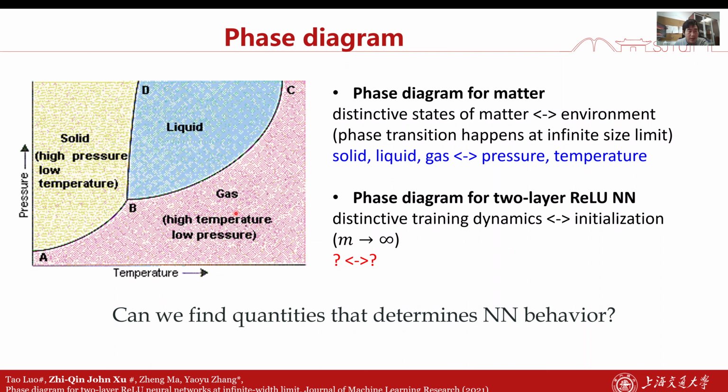And once we know which state the water is in, we can know a lot of properties about this matter, such as the density and viscosity and so on. For neural networks, can we also find similar quantities that can determine the neural network's behavior?